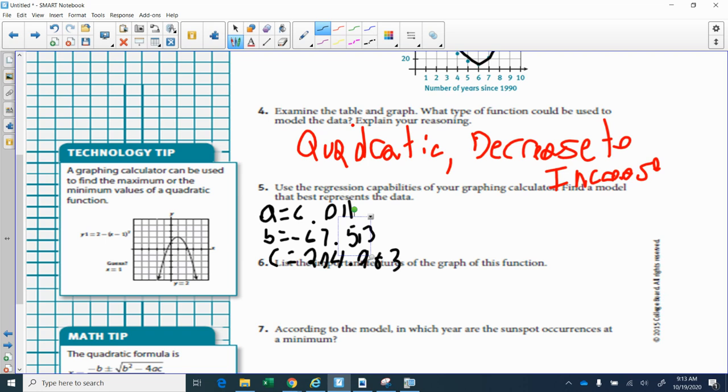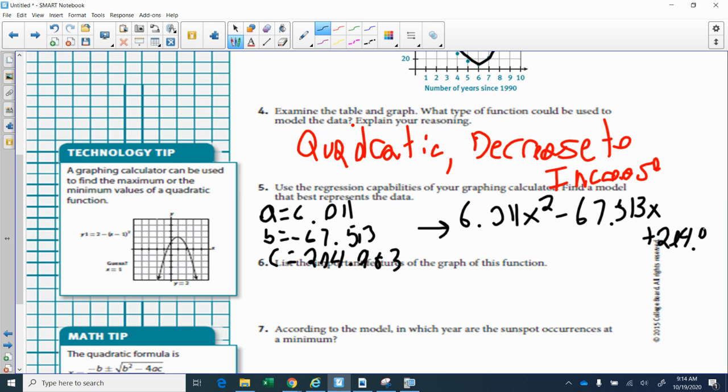Which in turn, I can just turn into the equation 6.011x squared minus 67.513x plus 204.983. Okay. And just like that, I've created a model regression for this problem.